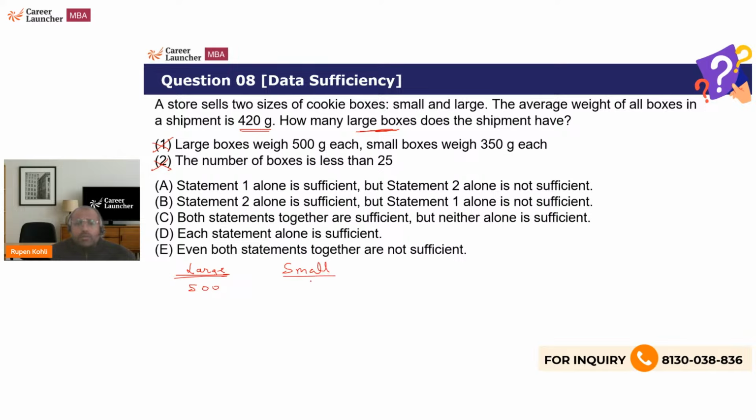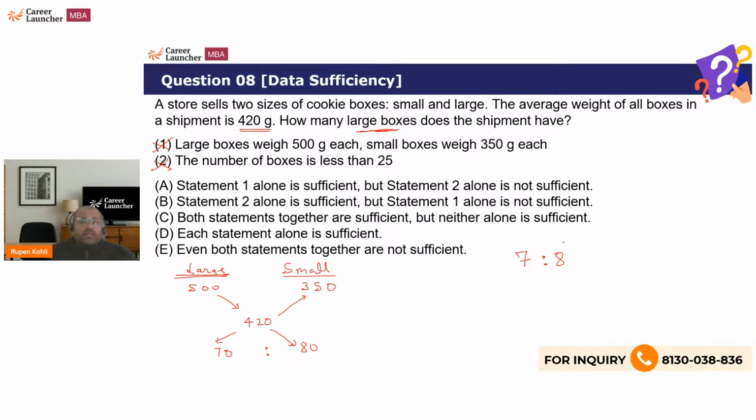On the whole, the weighted mean of the weight of the boxes is 420 grams. So, crisscross difference: 500 minus 420 is 80, and 420 minus 350 is 70. So 70 to 80, so 7 is to 8, is the ratio of the number of boxes.